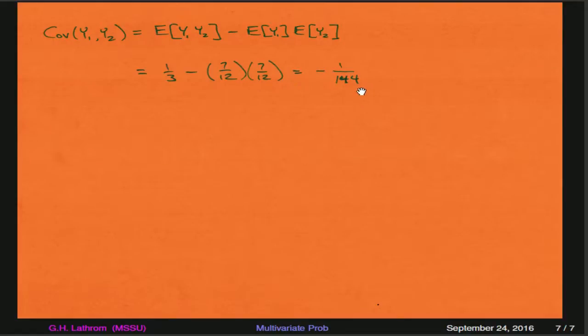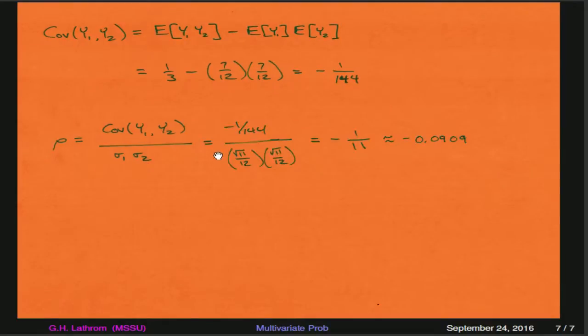Now for the correlation coefficient, this is the one that we were actually after. Our correlation coefficient will be the covariance of y sub 1, y sub 2 divided by the standard deviations of y sub 1 and y sub 2. From our calculation above, the covariance is -1 over 144.